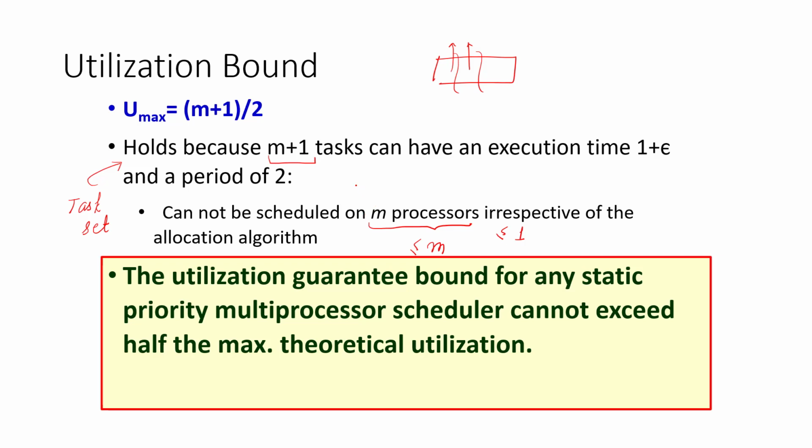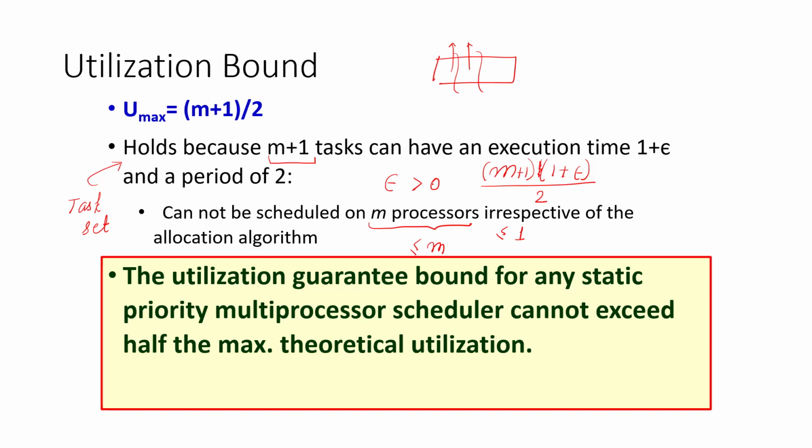All right. So what is the utilization I'm looking at? It is M plus 1 multiplied with 1 plus epsilon divided by the period, where in this case the period and the deadline are the same, and this is basically a period of 2. The property on epsilon is that epsilon could be a very small number which is greater than 0.